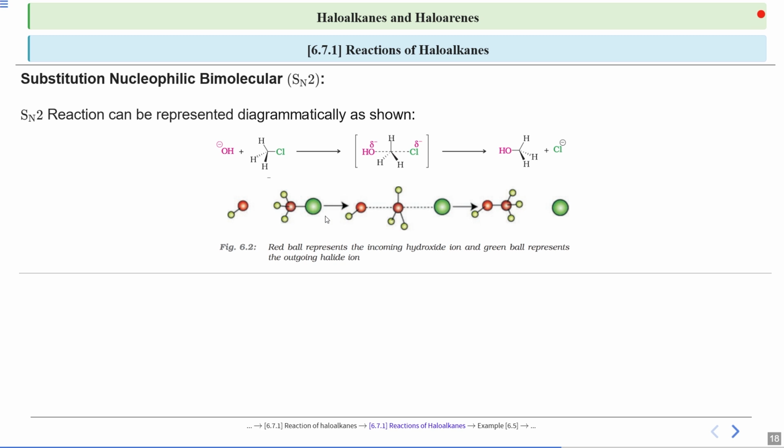from the side of the carbon halogen bond. And then this transition state will occur, where there is a partial bond of carbon-hydroxide and carbon-halide present.